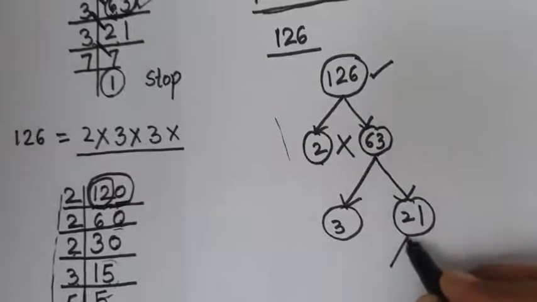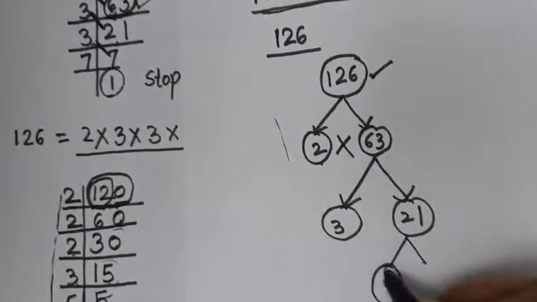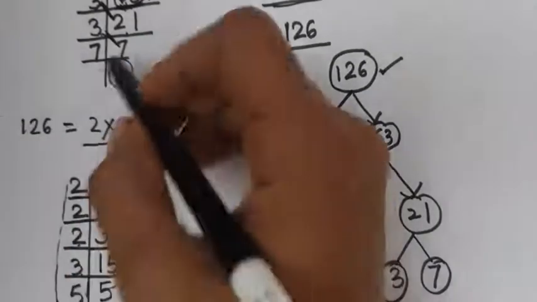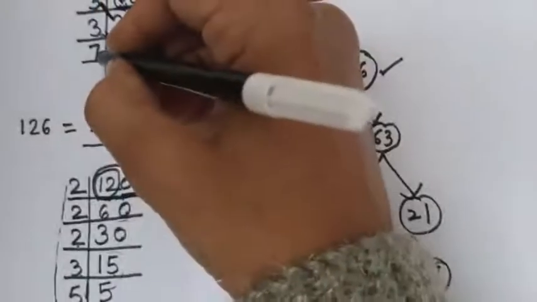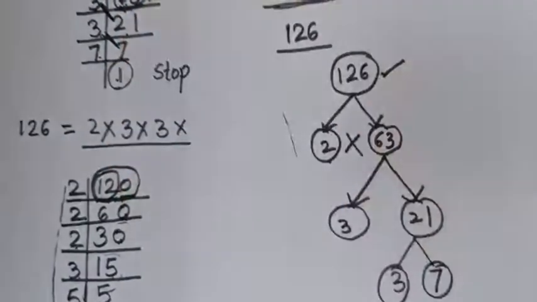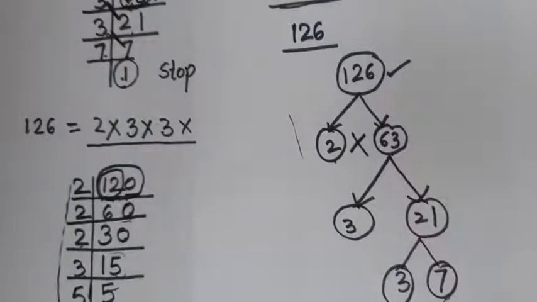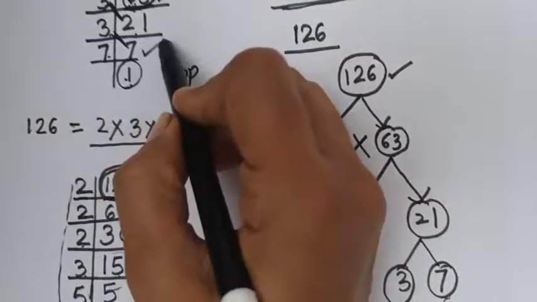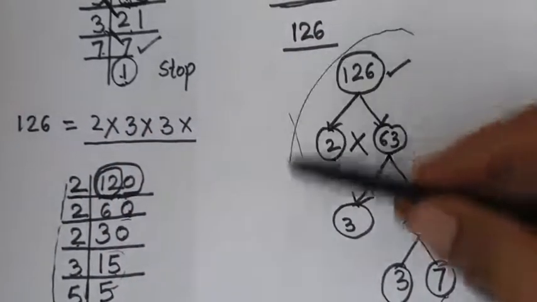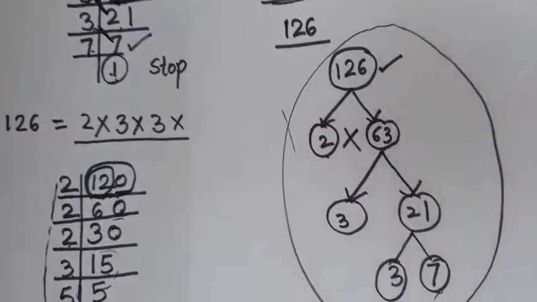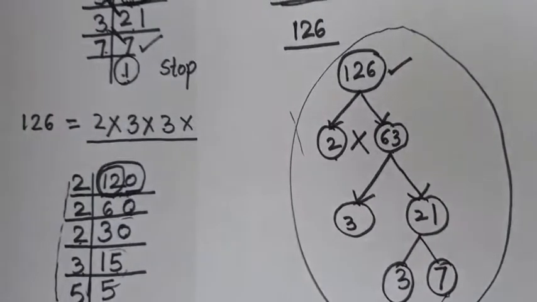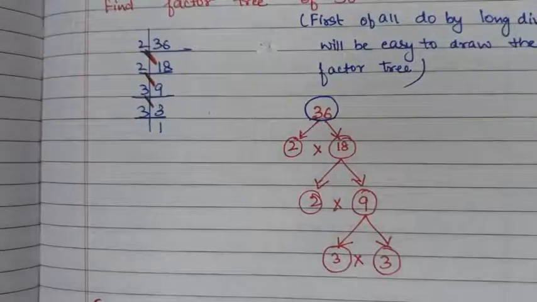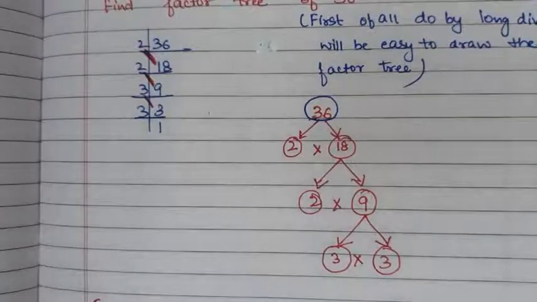So I will write here 3 and 7. Clear? Now for 7, if I see 7 and 1, there is no need to write for 1. We will stop at this step. So this is your required factor tree for number 126. Clear? Now let us discuss few more examples.